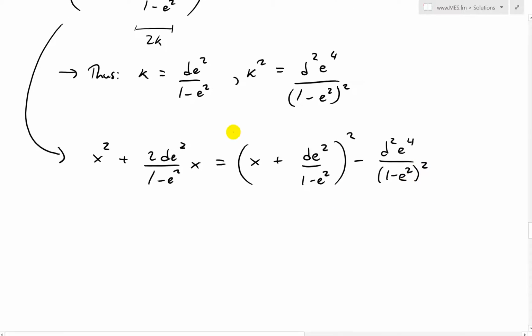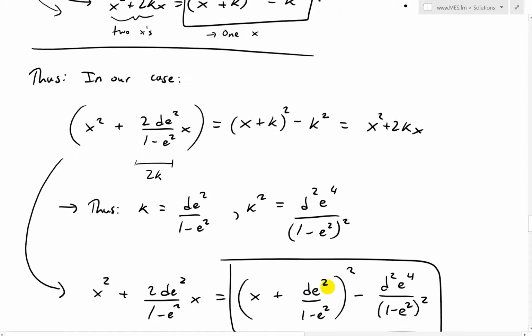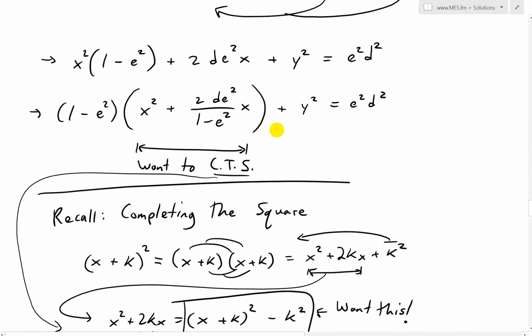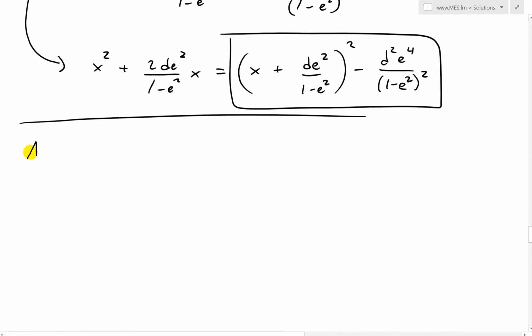And now what we could do is box this out. So we finally have that. And now finally we can write this whole thing, complete the square, plug that in, and what we get is the formula above.